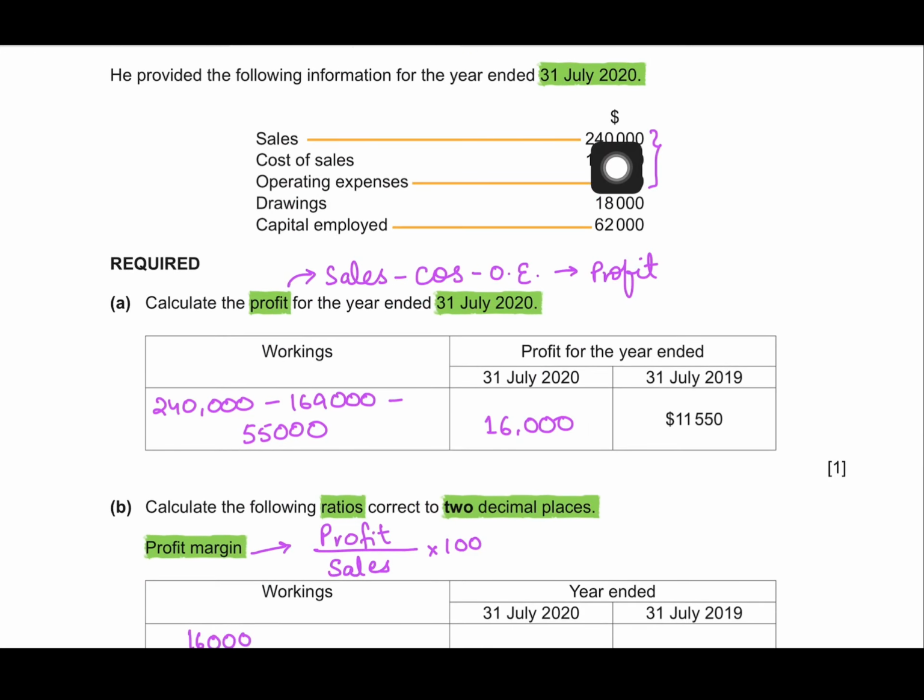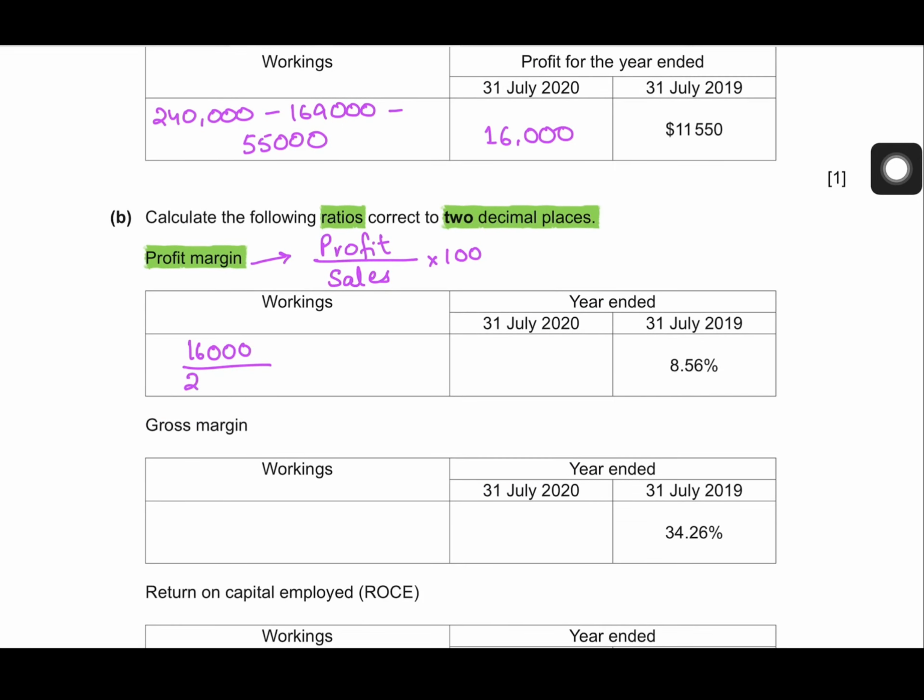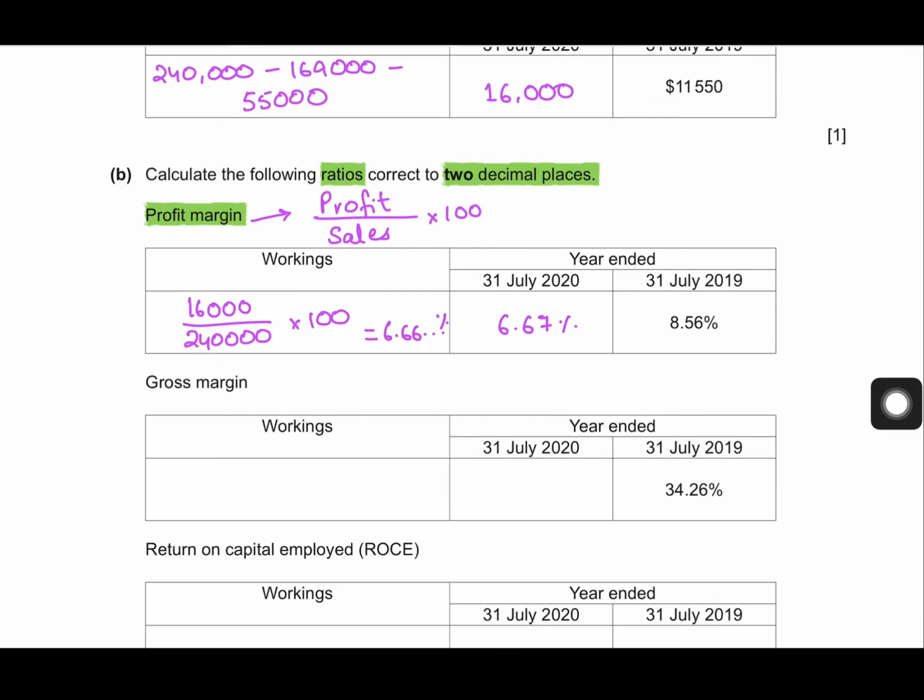The sales are $240,000. So 16,000 divided by 240 multiplied by 100, we will have, so the answer is 6.666666. Okay, so 6.66 and so on, but you have to round this off to 2 decimal place, so that will become 6.67%, right? And it has reduced as compared to last year, right? So this is not a very good sign.